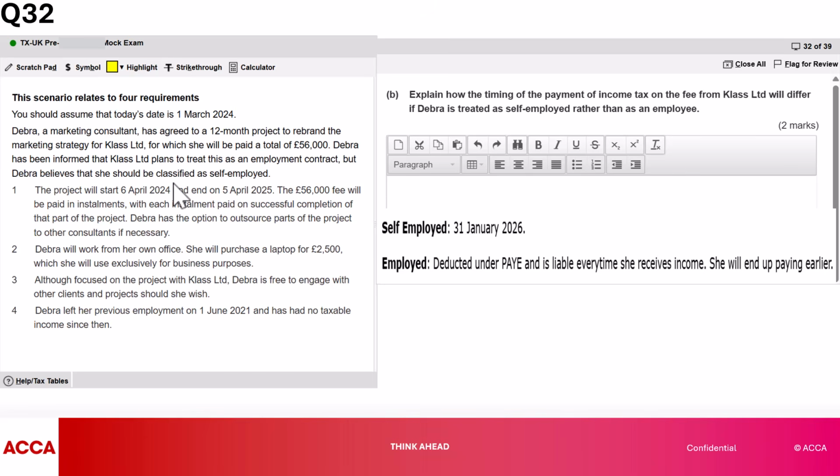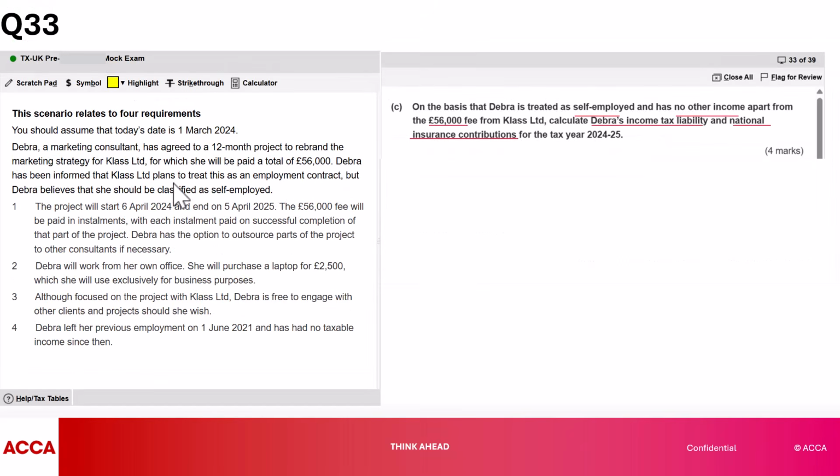That's when the payment of income tax would have come in if she was self-employed. But when she's employed, this is deducted under pay as you earn and is liable every time she receives income. So she might end up paying it earlier. We don't have a specific date here, but it's important to appreciate that it is due as and when she receives income if she was employed.